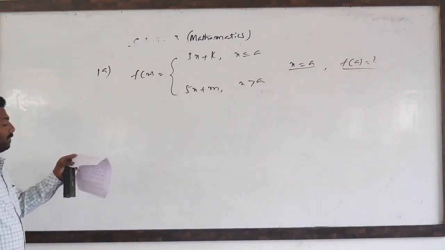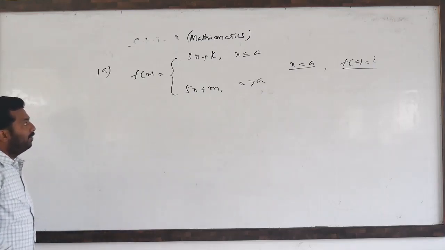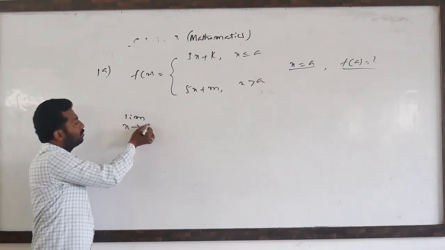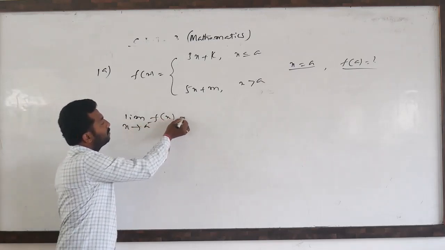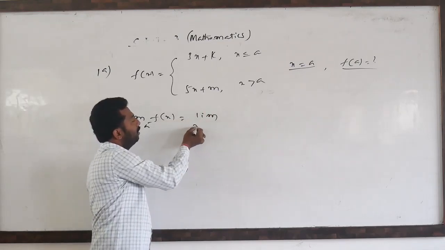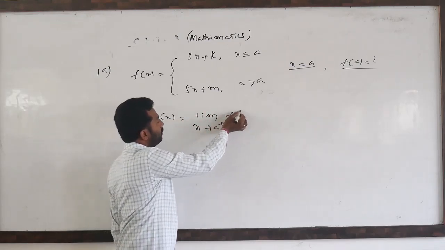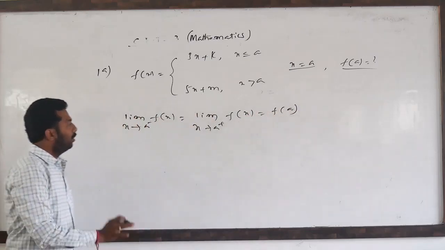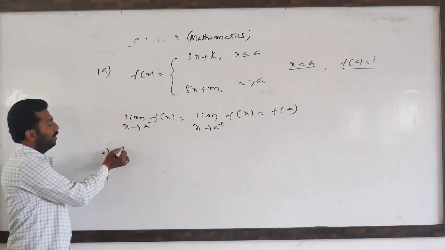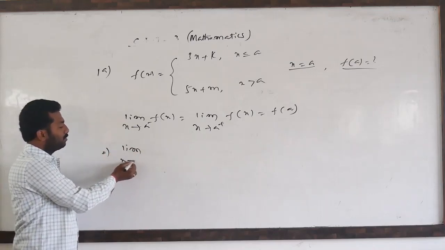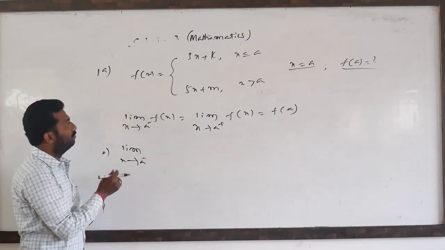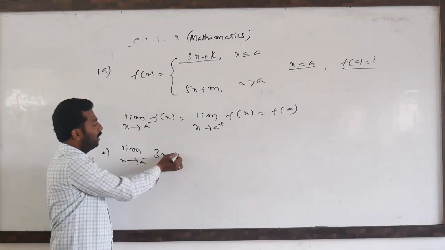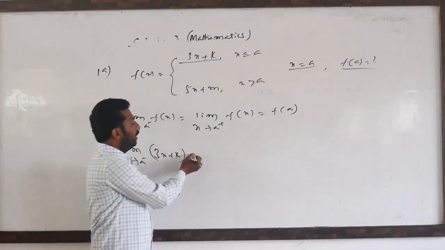F of a. So this function is continuous at x equal to a means, see here, left hand limit, limit x tends to a minus f of x value, equal to limit x tends to a plus f of x value, equal to f of a. So from this, limit x tends to a minus means less than a case, f of x value is 3x plus k, right hand limit.